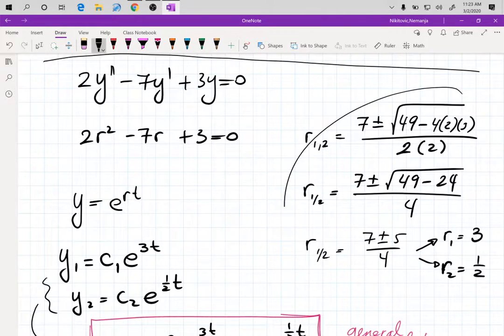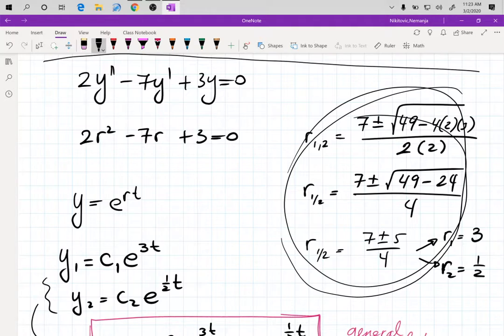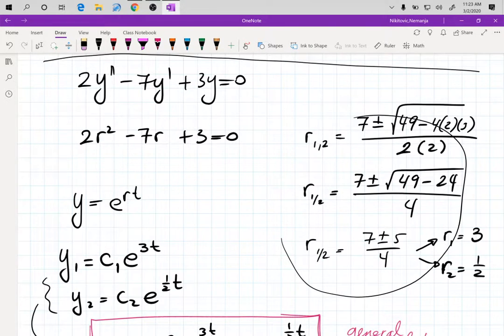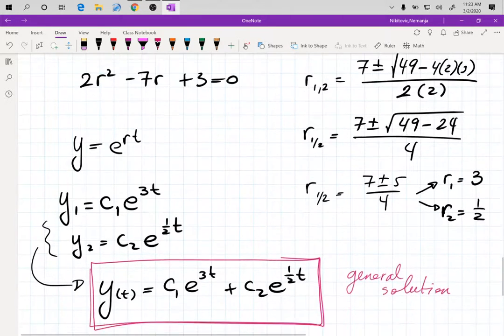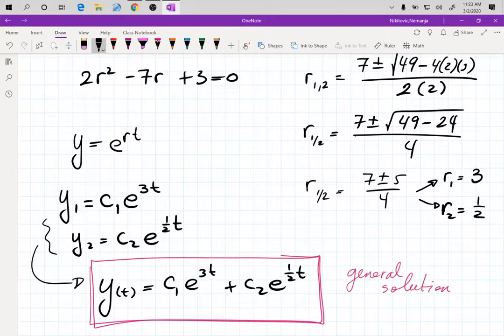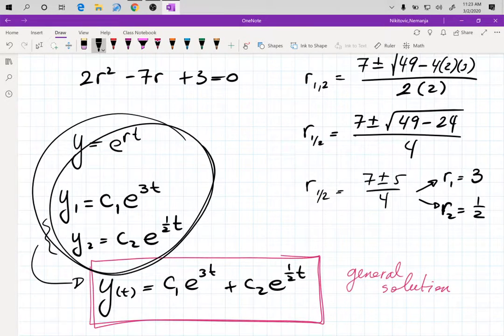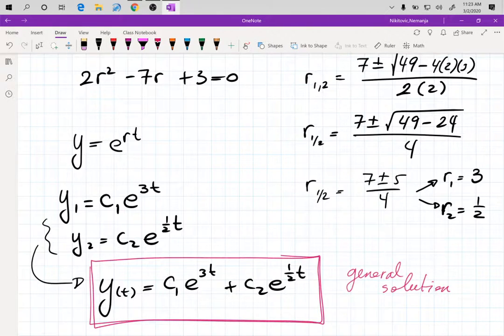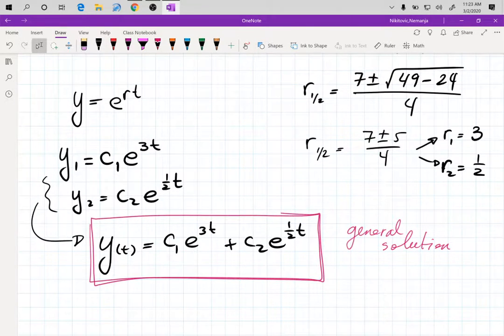We use factoring or the quadratic formula, whatever you need to use to get those r's. Once you have the r's, you will immediately write the solutions. What I just circled you can actually skip, and you can immediately write the general solution.